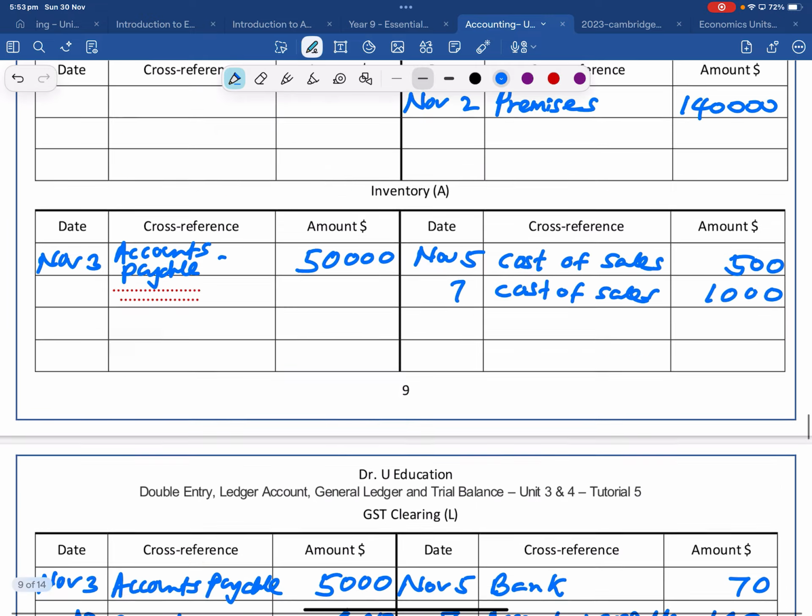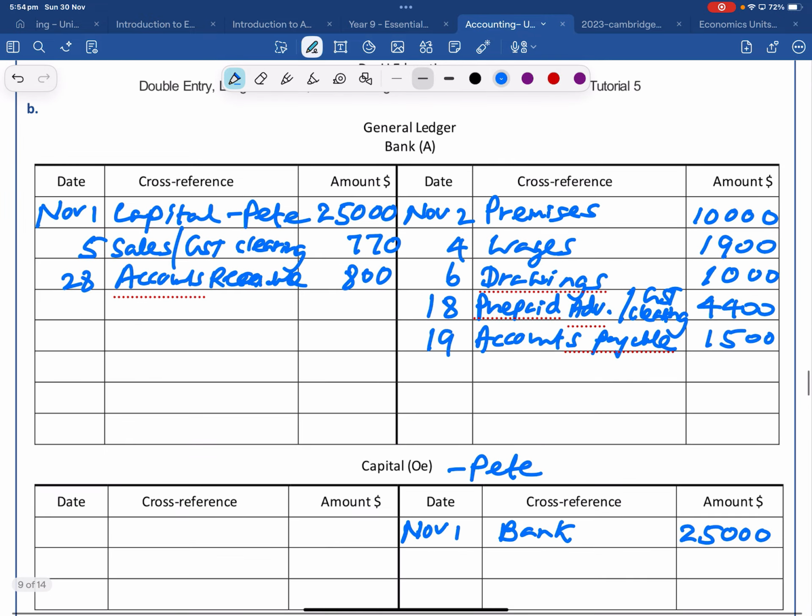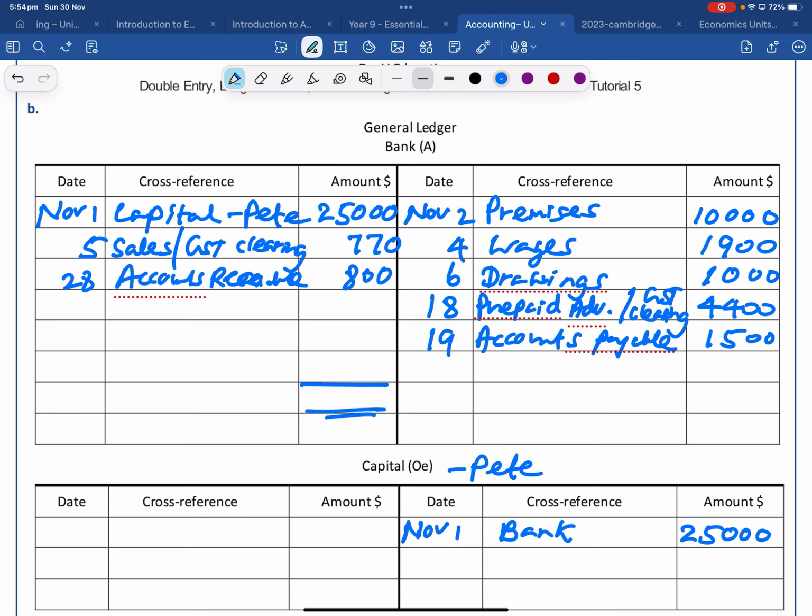Right. I'll leave the balance sheet. Okay, so you remember the method of balancing, guys? Yeah, we had to figure out the greater total. So I think in the bank account it should be debit side 26,570 is the total.